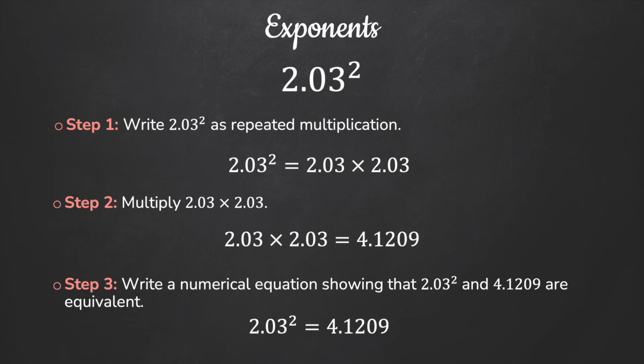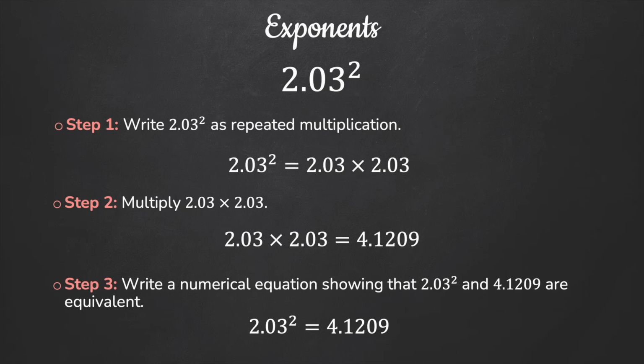The first thing we need to do to evaluate this expression is write 2 3/100 squared as repeated multiplication. Our base is 2 3/100, so we're going to use that as a repeated factor. And our exponent is 2, so we're going to write it out 2 times. That means that 2 3/100 squared is equal to 2 3/100 times 2 3/100.